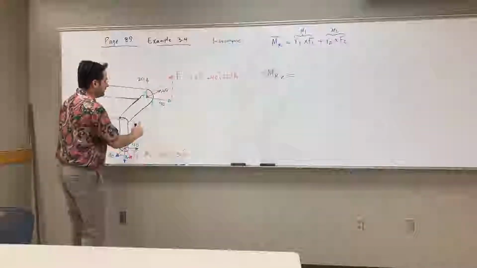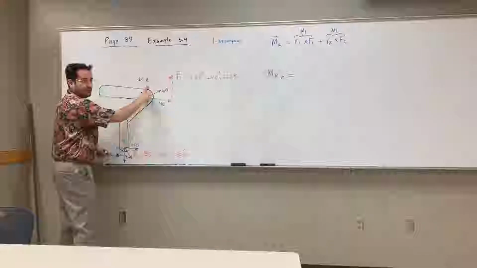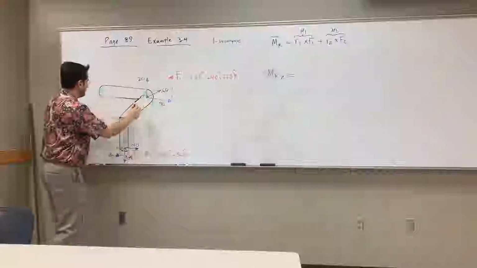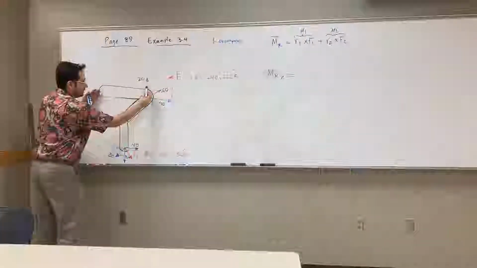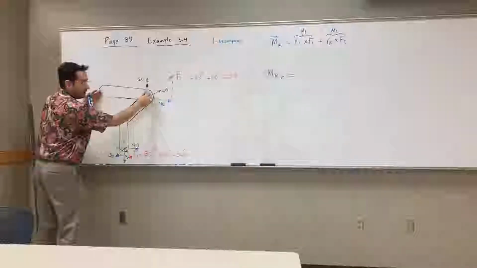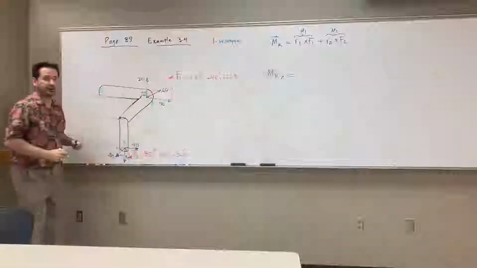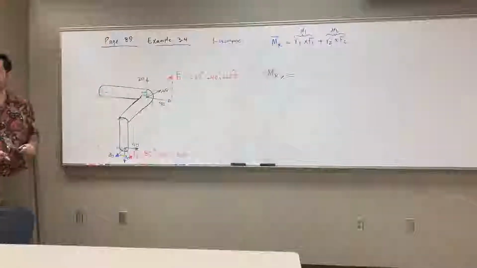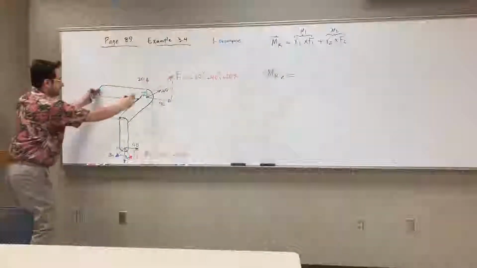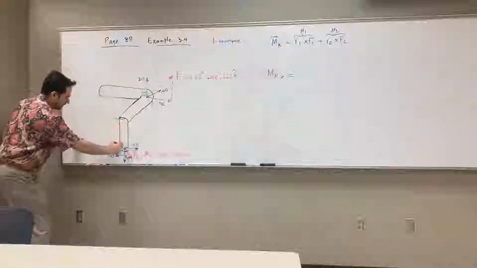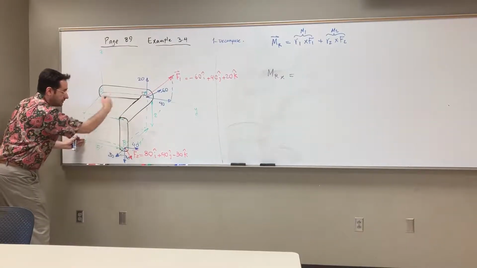So let's start with this guy, 20. Should I move it with respect to the x-axis? It's already normal, as you can see, orthogonal. So what's the moment arm? 5, from here to here. You see, this is a perspective drawing.